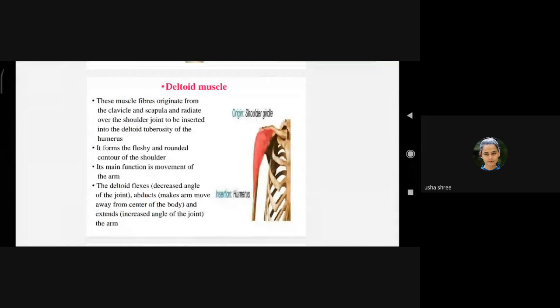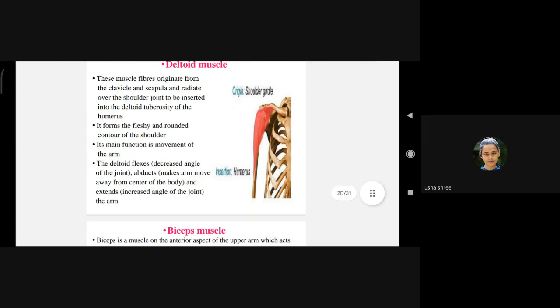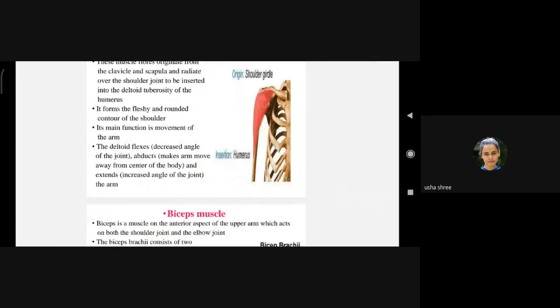The deltoid flexes, which decreases the angle of the joint, abducts, which makes the arm move away from the center of the body, and extends, which increases the angle of the joint. I think we have already discussed flexion, abduction, adduction, and extension, so these things are clear if you remember those terms.